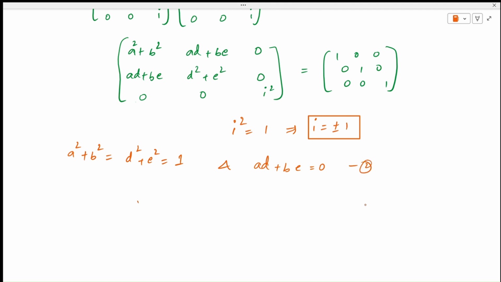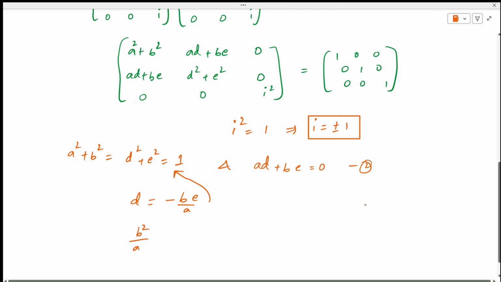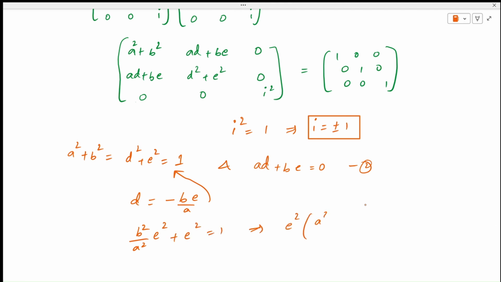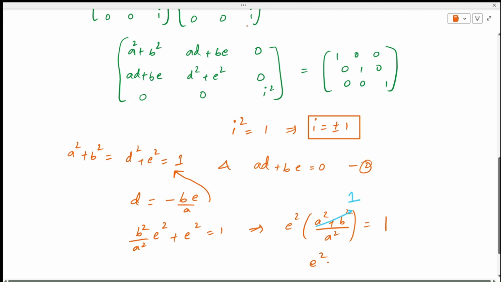So let us look at this equation 2. From this we can write D is equal to minus BE by A. If we substitute this in the equation, we'll get B square by A square into E square plus E square equal to 1. So E square of A square plus B square by A square equal to 1. We know that the numerator is equal to 1. So E square is equal to A square.